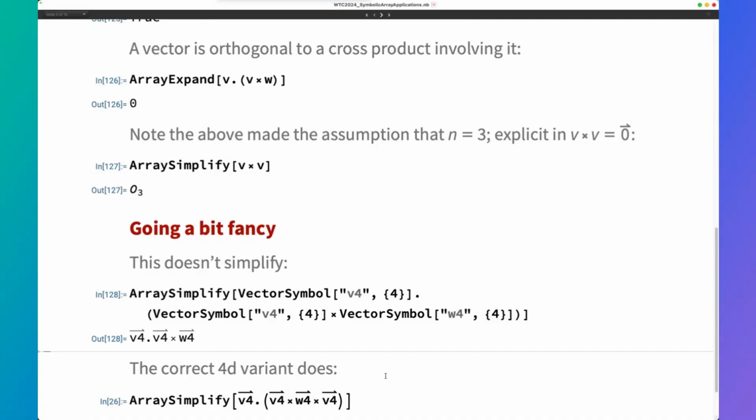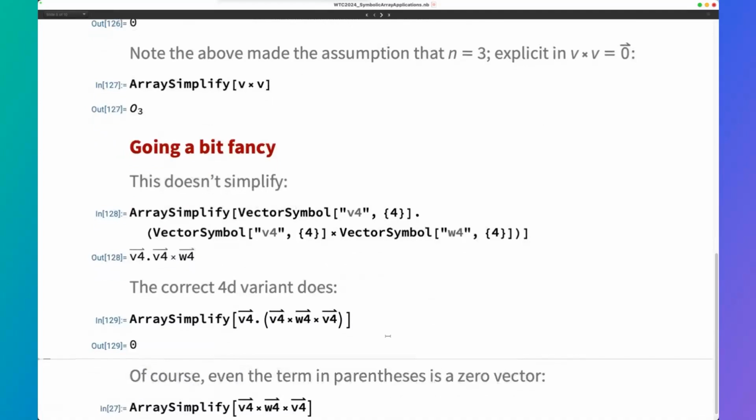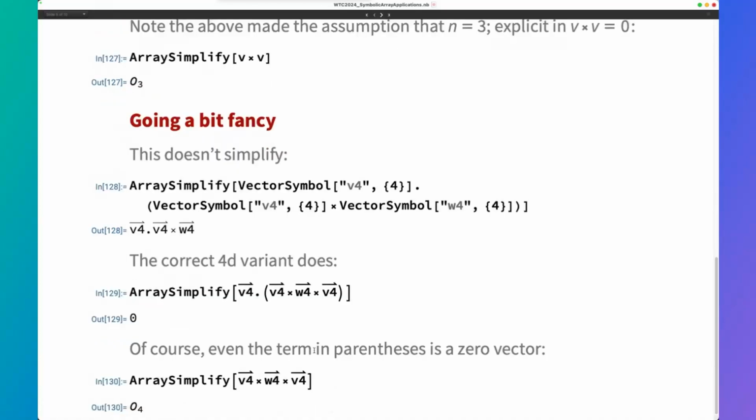Now, if you give it the correct 4D variant, in 4 dimensions you need the cross product of 3 vectors, and in n dimensions, you need to take the cross product of n-1 vectors. Well, this does simplify. Of course, since I didn't define a third vector, even the term that's in parentheses is 0, and that correctly simplifies to the 0 vector in 4 dimensions.